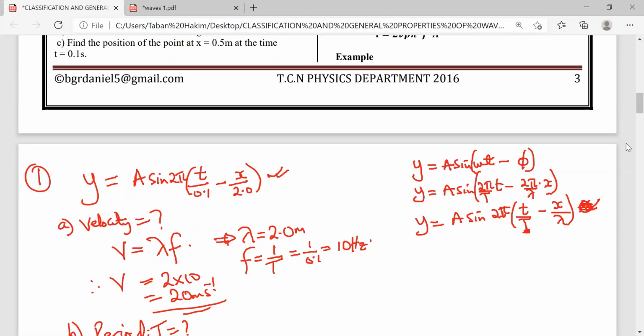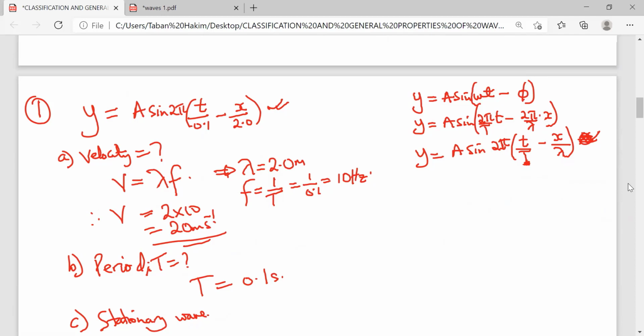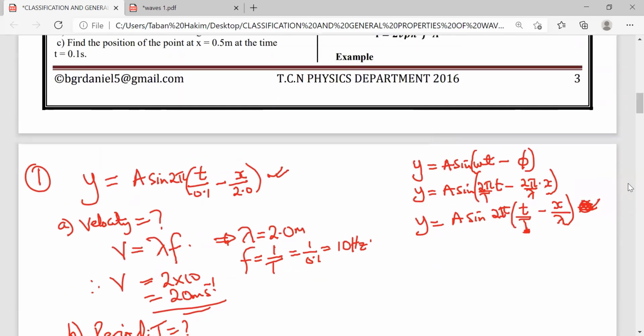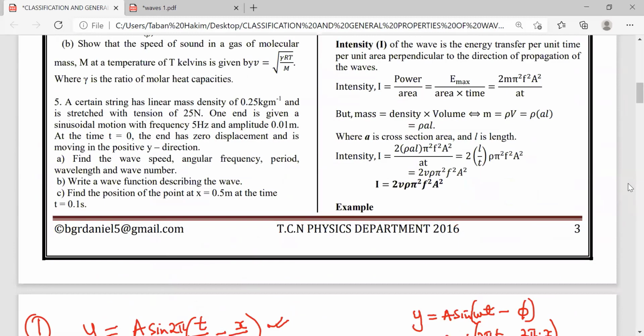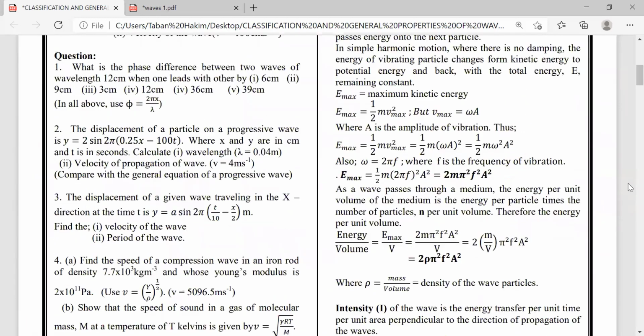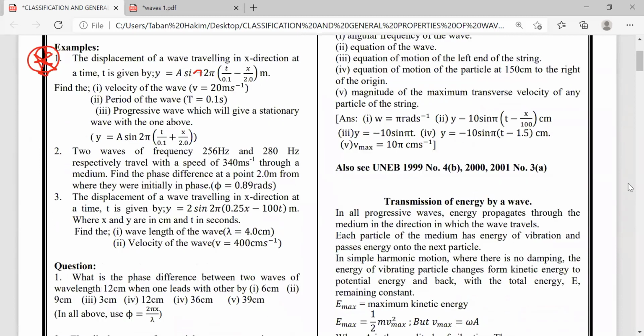So if those two waves meet, then we expect to get a stationary wave. We shall be talking much more about interference in detail when we reach it.